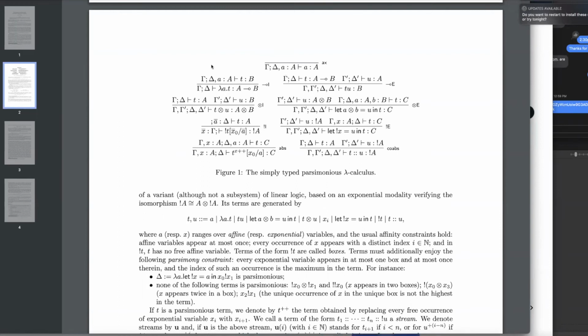So now, given this type context here, where we have a dependency that A is of type A to conclude that T is of type B, then we can abstract away A, right? So we pull A off of here, move it over to the right, put it under an abstraction.